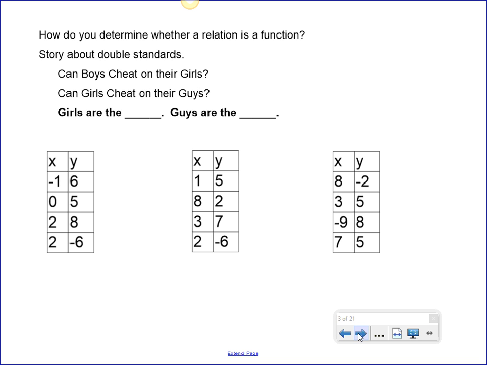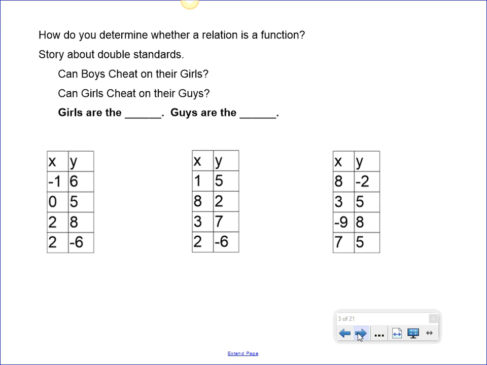Next thing is we've got to look at a little story. My story is about double standards. In our society, there's a double standard, and the double standard is this.